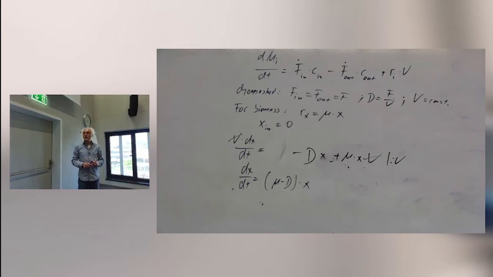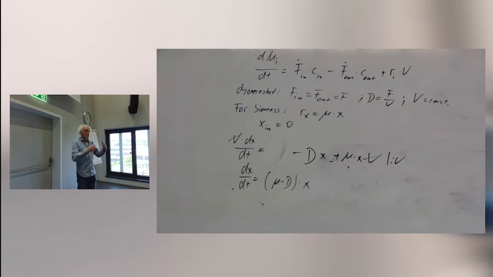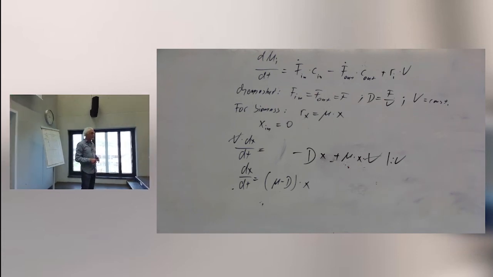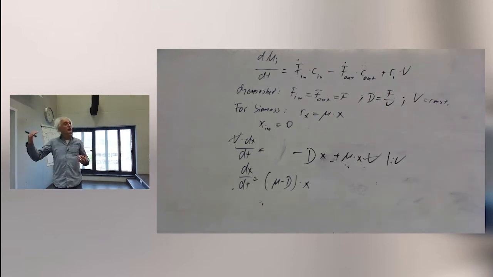Is that true with any assumptions here? No. The only reasonable assumption is that my inflow concentration is 0, which is usually the case, and the volume is constant, because I say I'm in a chemostat operation mode, in and out is equal. So this is true in all conditions.